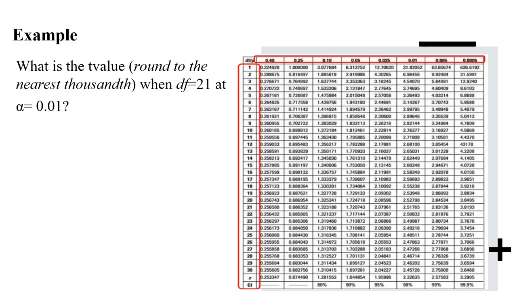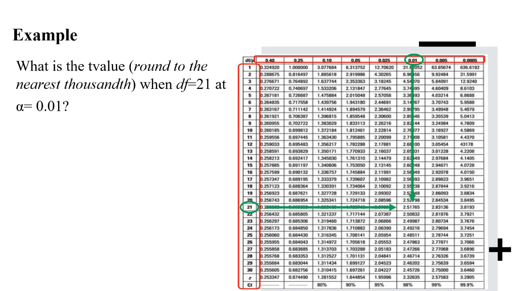Let's have an example. What is the t-value, rounded to the nearest thousandth, when your degree of freedom is equal to 21 and your alpha is equal to 0.01? Referring to the table, degree of freedom that is equal to 21 and alpha that is equal to 0.01, that's located in the table. Degree of freedom that is 21 minus 1, that makes it 20, and then your alpha that is 0.01.